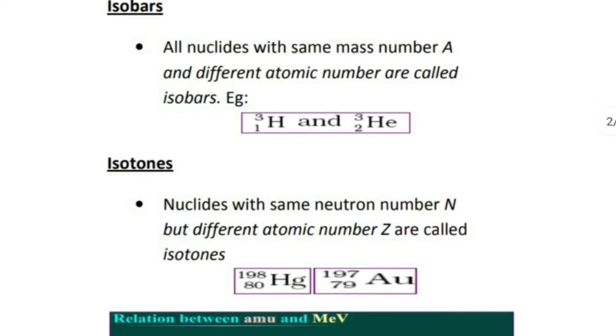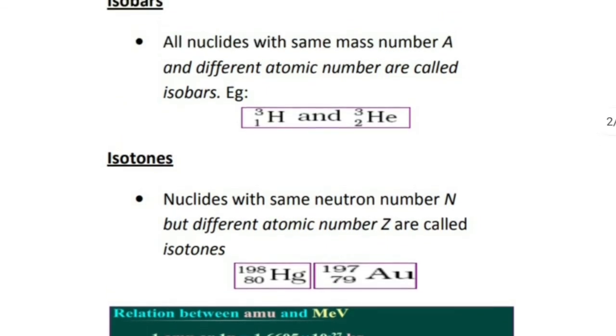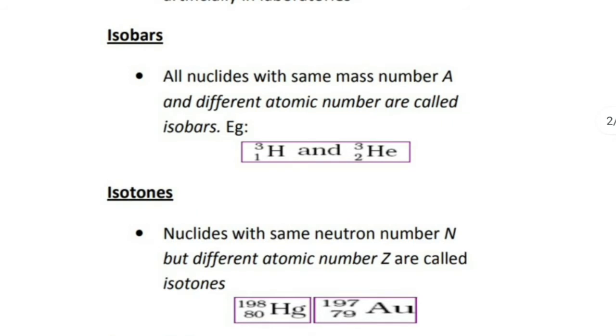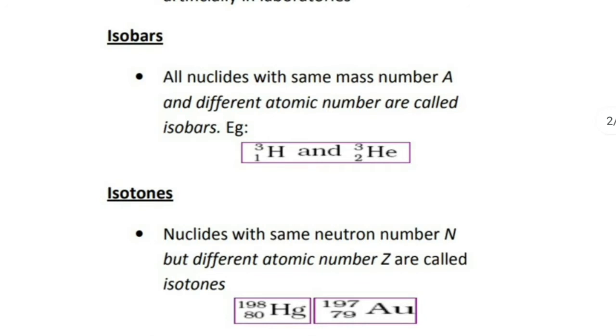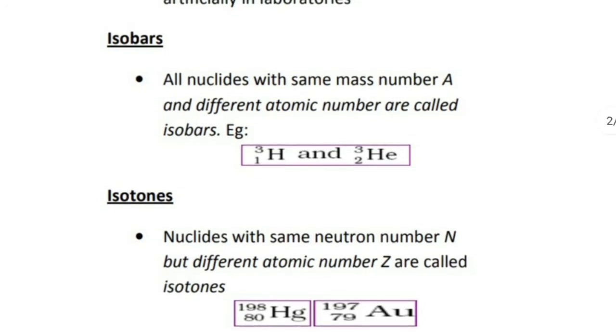Now isotones. Nuclides with the same neutron number N but with different atomic number Z are called isotones. So if the neutron number is the same but the atomic number and mass number may be different, such nuclides we call isotones.